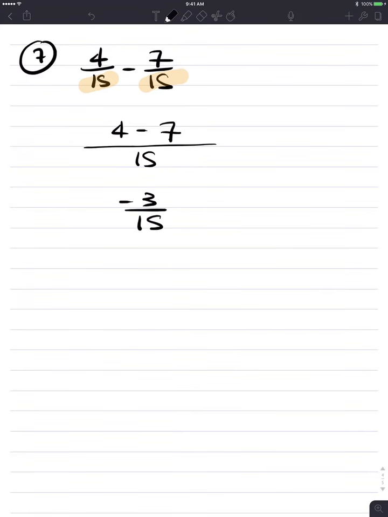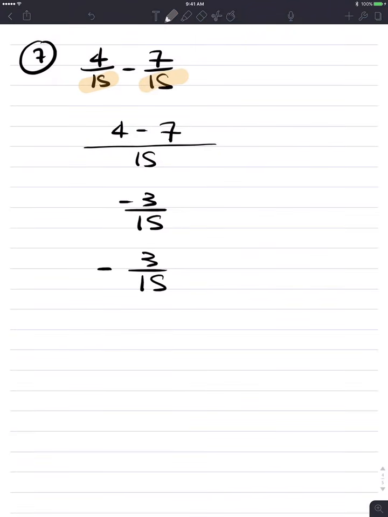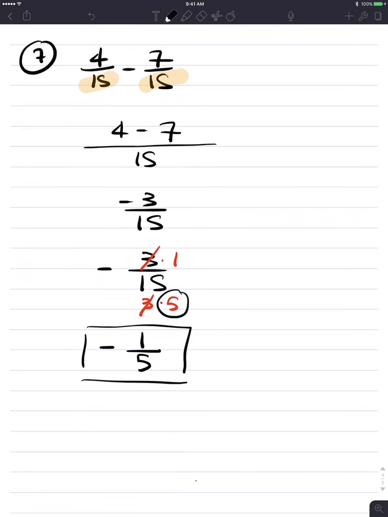I keep my subtraction sign at the same level, and I break down my numerator and denominator into their prime factorizations. Notice 3 is prime, however 15 can be written as 3 times 5. My 3 cancels. Nothing is left on top, so I put my 1. Final answer is negative 1 over that 5 is left, negative 1/5. This is number 7.